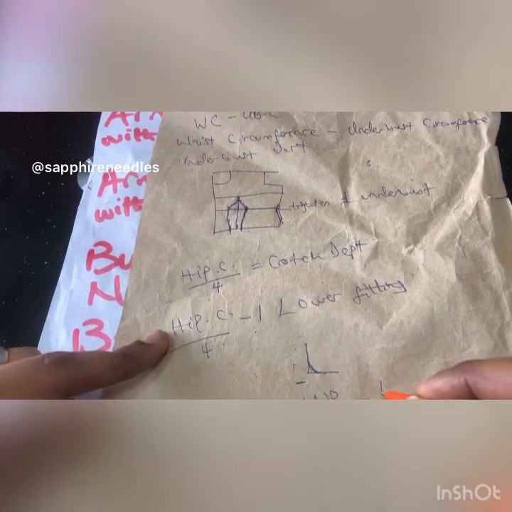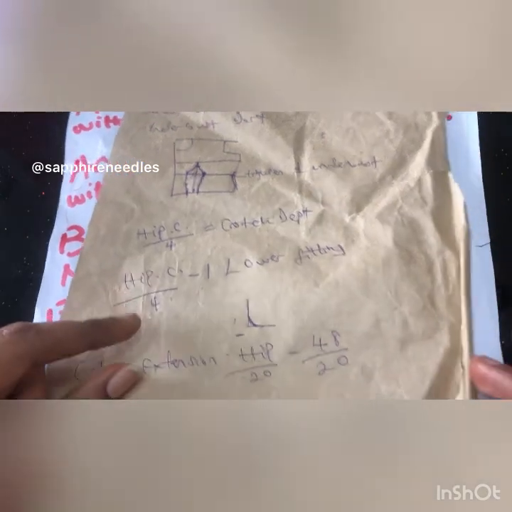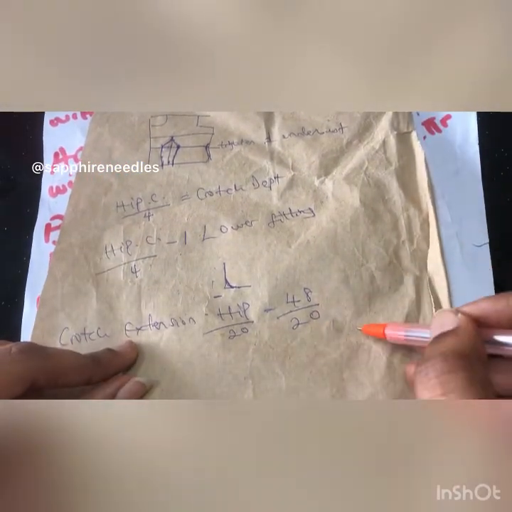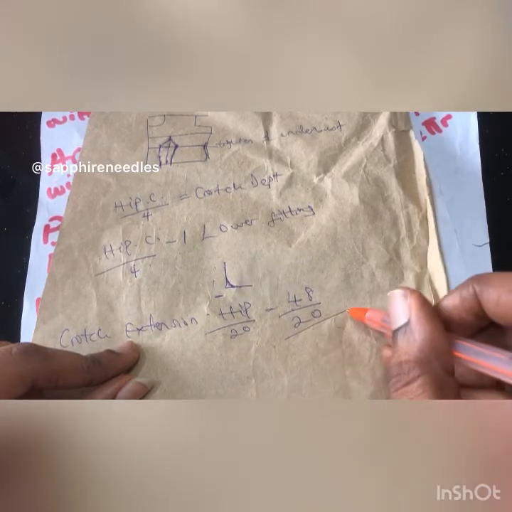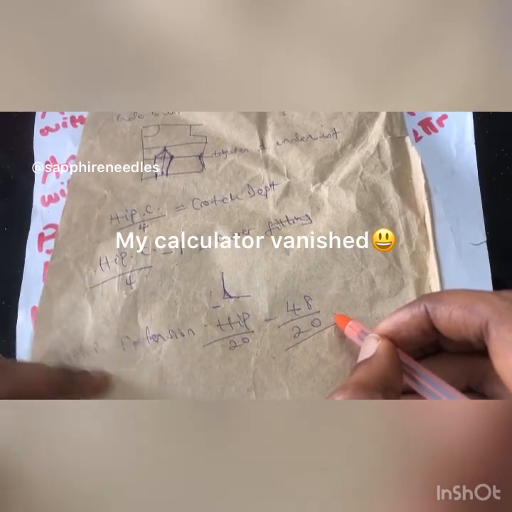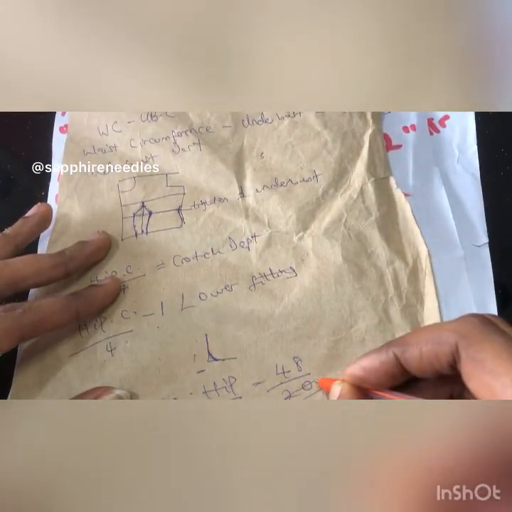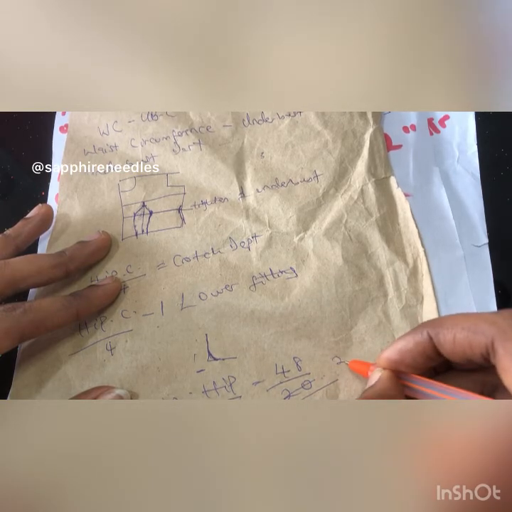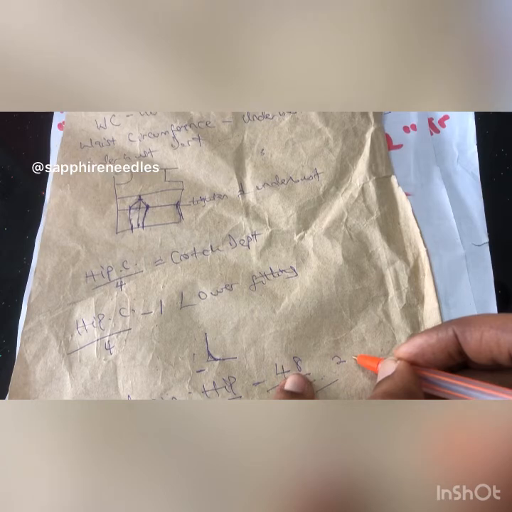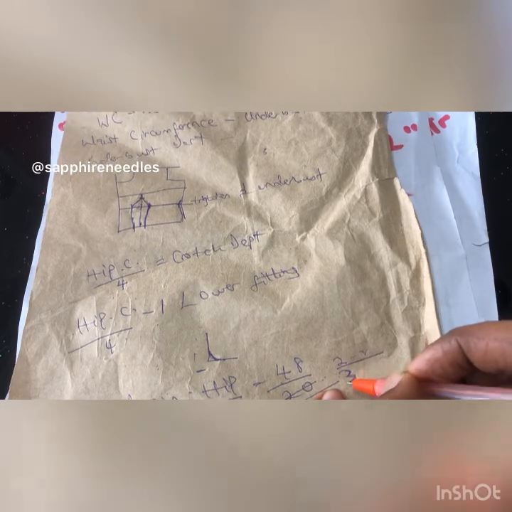So hip is 48 divided by 20. That will give you your crotch extension, 2.8. Let's just use 3. So we'll be using 3 inches for that.